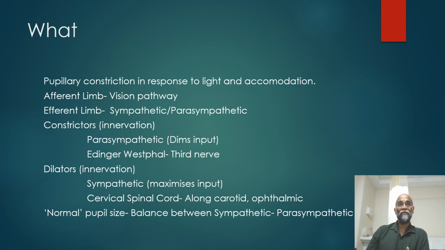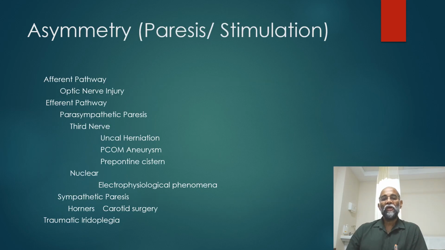Normal pupillary size depends upon the balance between sympathetic and parasympathetic pupillary innervation. We have already seen that sympathetics dilate the pupil and parasympathetics constrict the pupil.